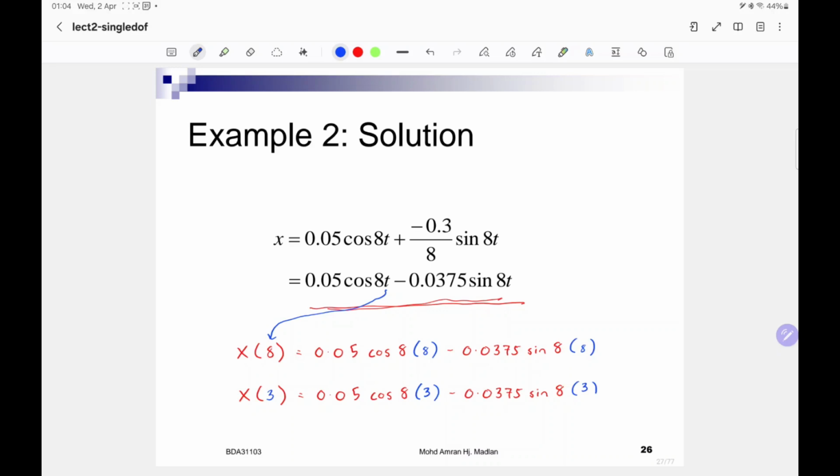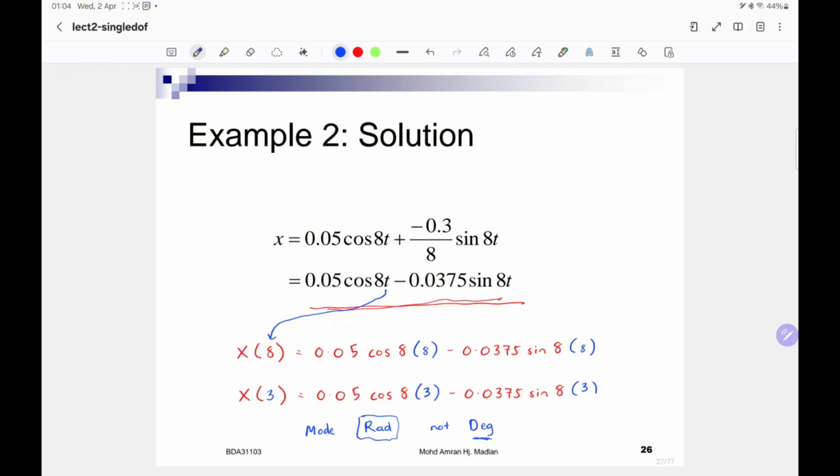But please remember, in your calculator, when you do your calculation for vibration, make sure the mode is in radian, not degree. You can check your manual on how to change the mode. Make sure that every time you do your calculation for vibration, it needs to be in radian mode, not degree.